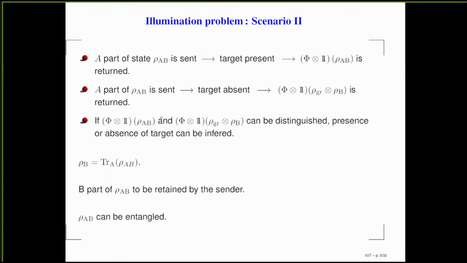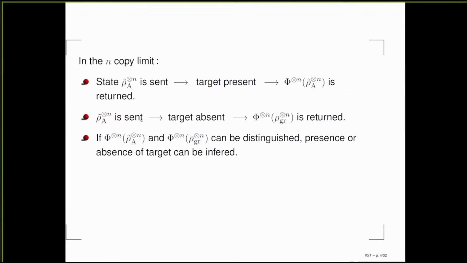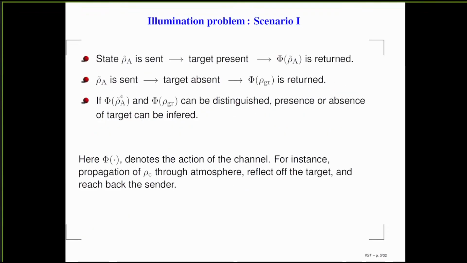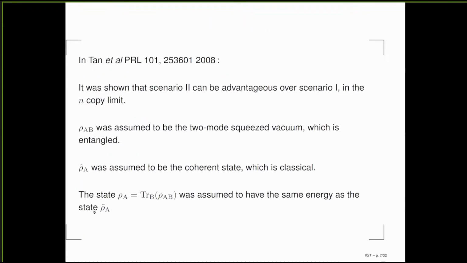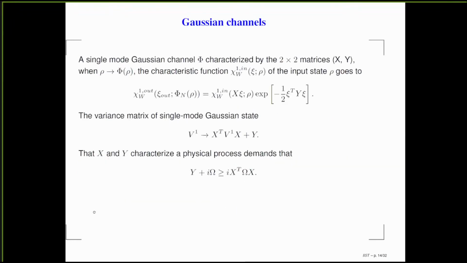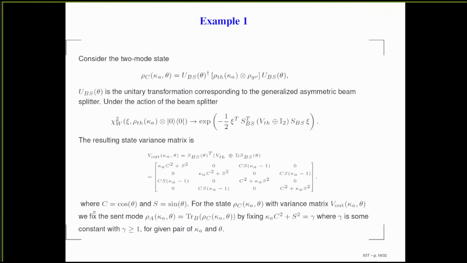The question is, if rho AB is correlated, can it be advantageous in comparison to only sending, for instance, rho tilde A? This is our goal, and you need not even be entangled. We only need to have some sort of correlation. So that is the idea. Let us go to example one.